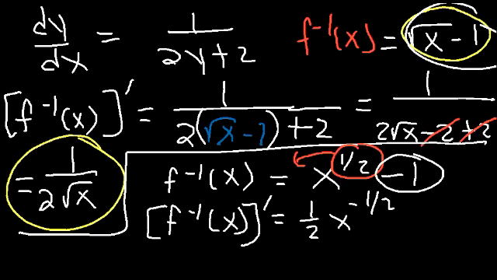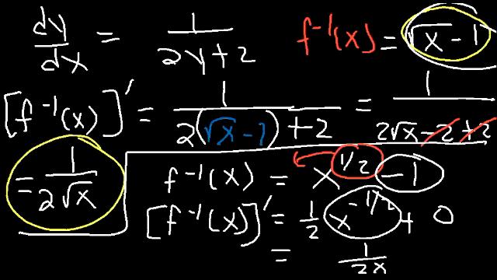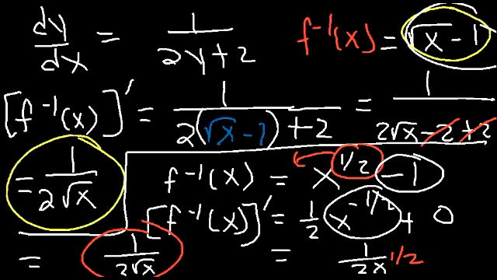And the derivative of the constant is simply 0. So now let's move the x to the bottom. So this is 1 over 2 x to the positive 1/2, which is equal to 1 over 2 radical x. So notice that these two answers, they match. So using all three techniques, you can get the same answer.